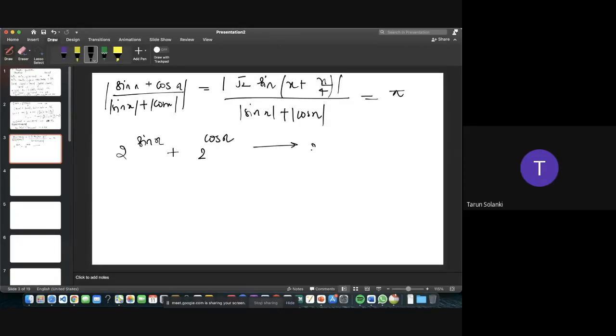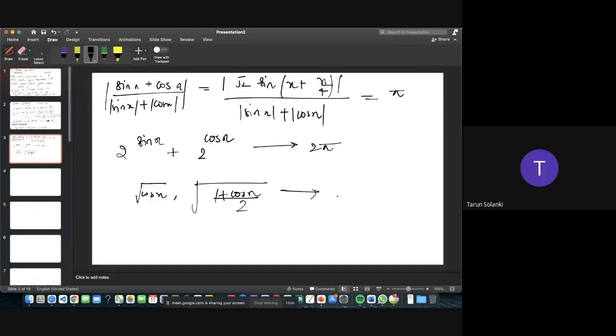So for this it becomes 2 pi. One more is there, like under root cos x, and again (1 plus cos x) by 2.